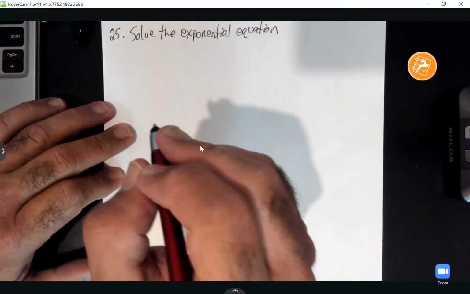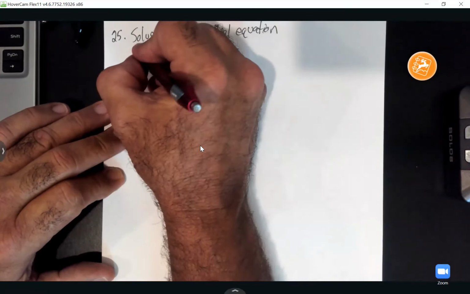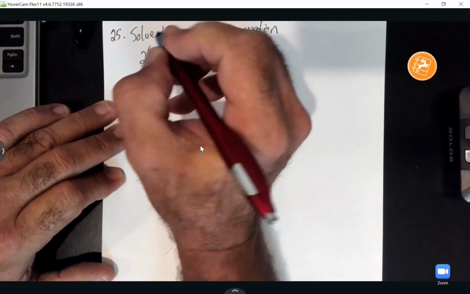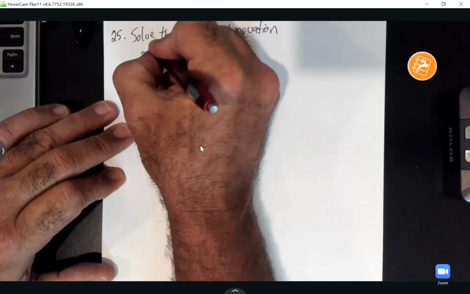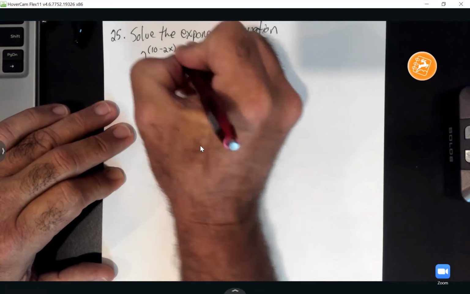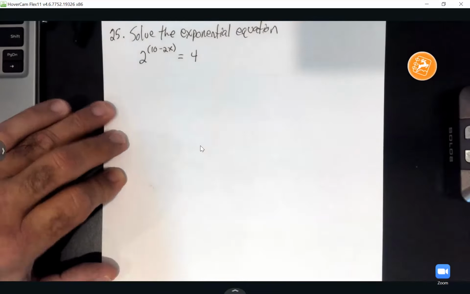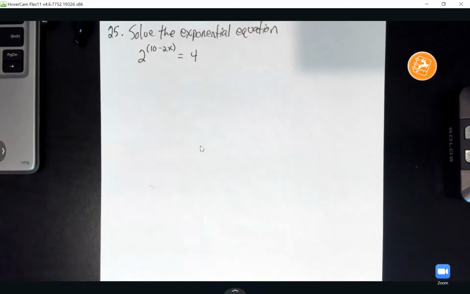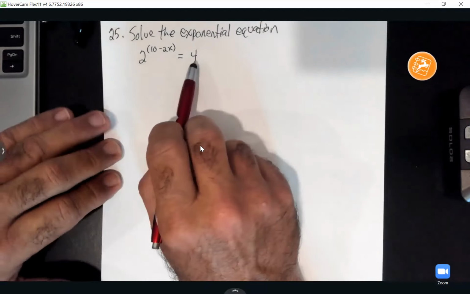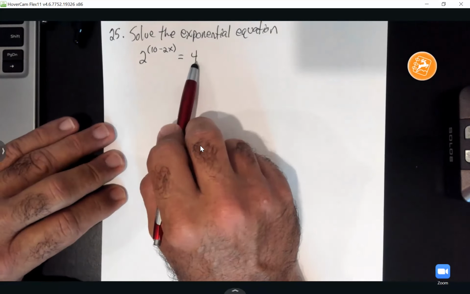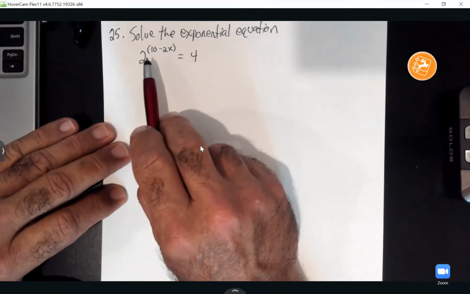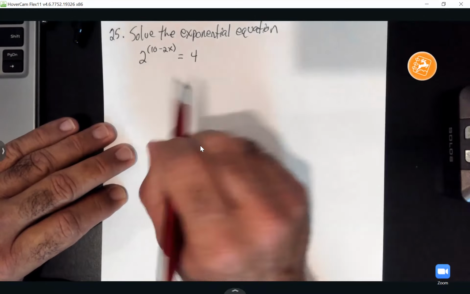So this is some of the stuff we just had on your last test. So I've got 2 to the power of (10 minus 2x) equals a positive 4. So y'all, let me tell you, on this test, the number on the right side can be rewritten using the base on the left side.